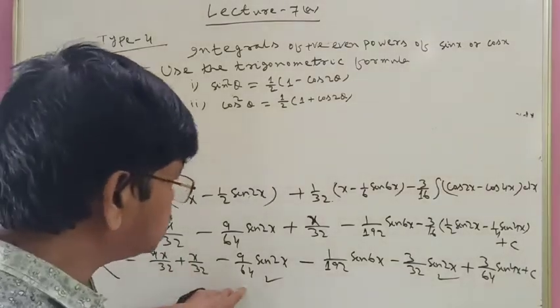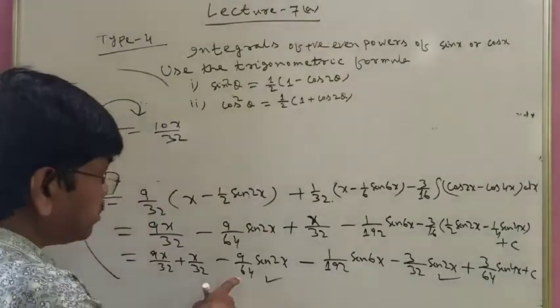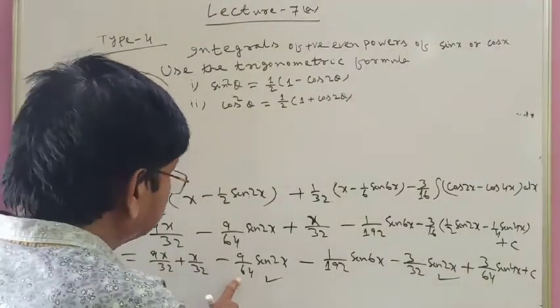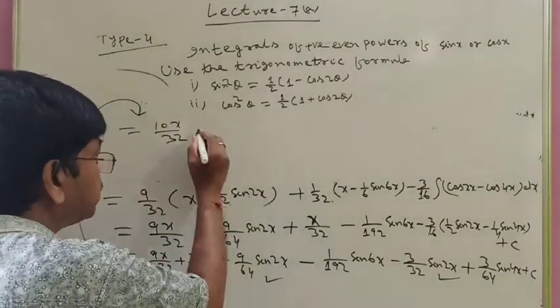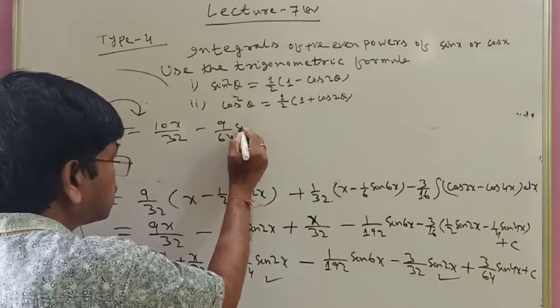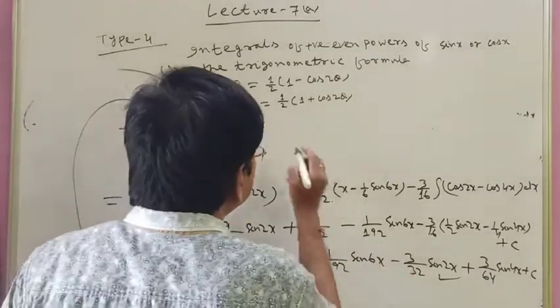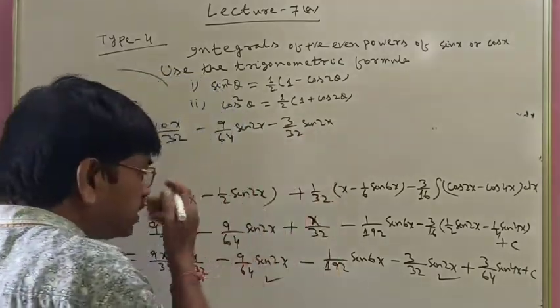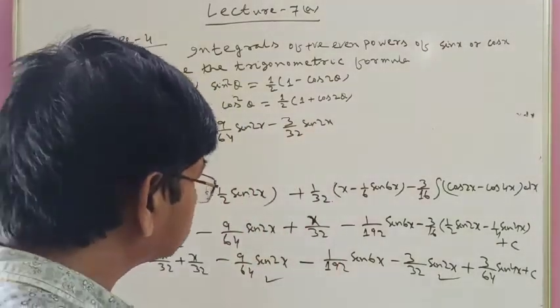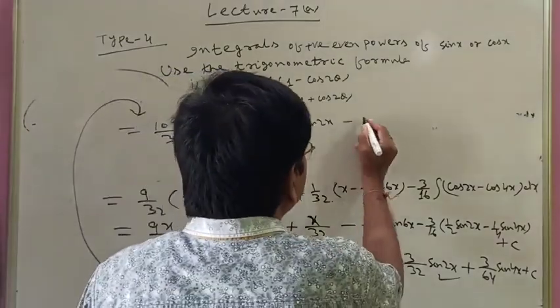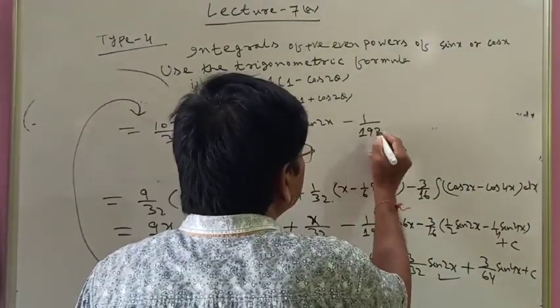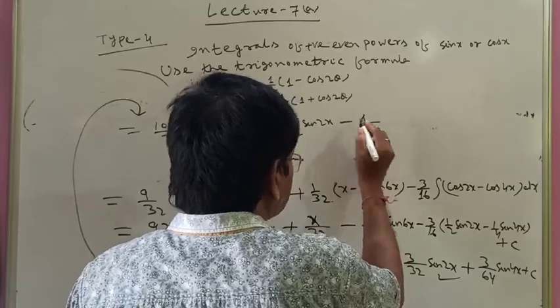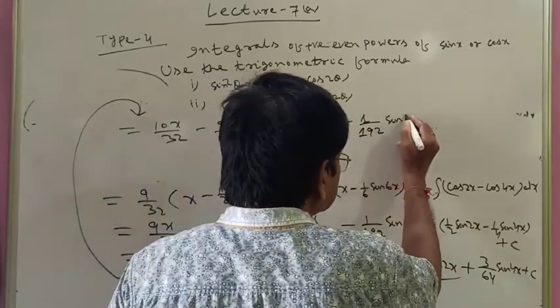Then you add these two. Here is 9 by 64 sin 2x, this is minus 3 by 32 sin 2x. The next is minus 1 by 192 sin 6x.